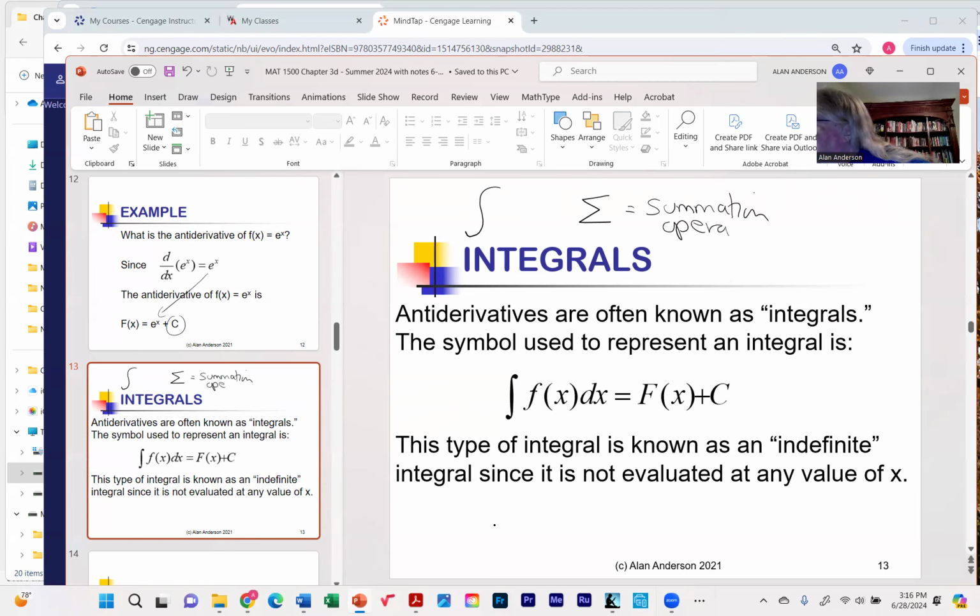But this is normally used to represent finite sums, although it could be used to illustrate an infinite sum. The integral symbol is written like this to indicate this actually represents an infinite sum.